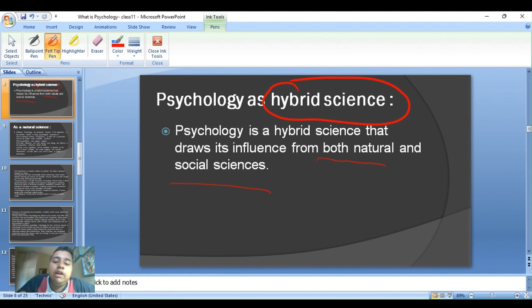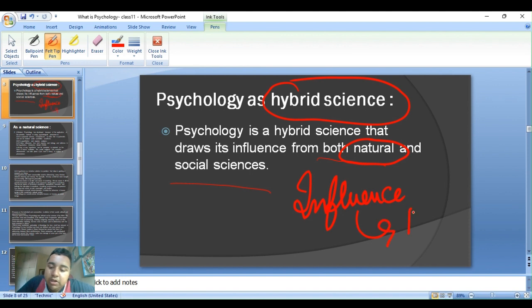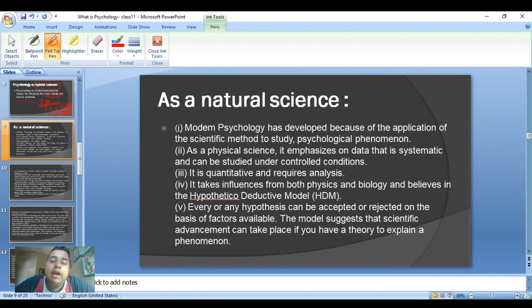Hybrid science draws influence from both natural and social. मतलब influence, जो subject है psychology, कहाँ से ड्रॉ करता है अपना इन्फ्लुएंस? नेचुरल साइंसेस और सोशल साइंसेस से। Right, तो नेचुरल भी और सोशल साइंसेस में it draws its influence. As natural science, modern psychology has developed because of the application of scientific method to study psychological phenomenon.